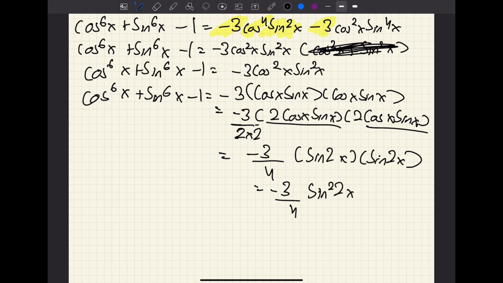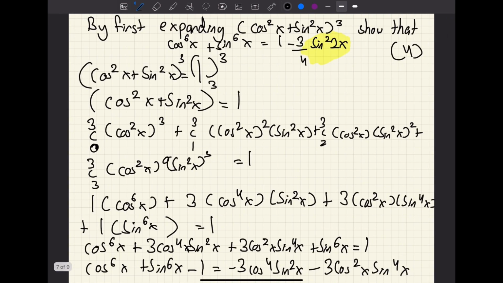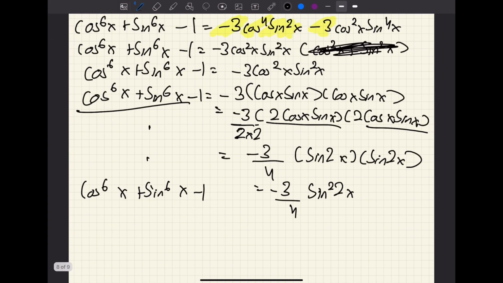And you have to rewrite this over and over again, so I'll rewrite it over here: cos 6x plus sin 6x minus 1. We're not done yet. You can see over here the final equation is 1 minus 3 by 4 sin^2 2x. So all we need to do is move on over there.